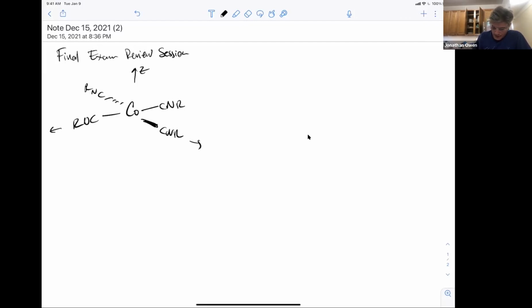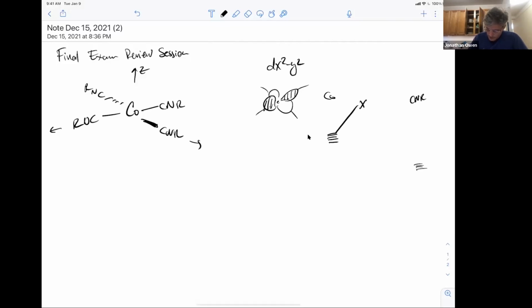The x squared minus y squared orbital is pointing right at the cyanides, so that is going to make the strongest interaction. If I start with a cobalt that's got 5 orbitals that are not split, and I add these 4 CNR ligands, the x squared minus y squared is going to be split the largest.